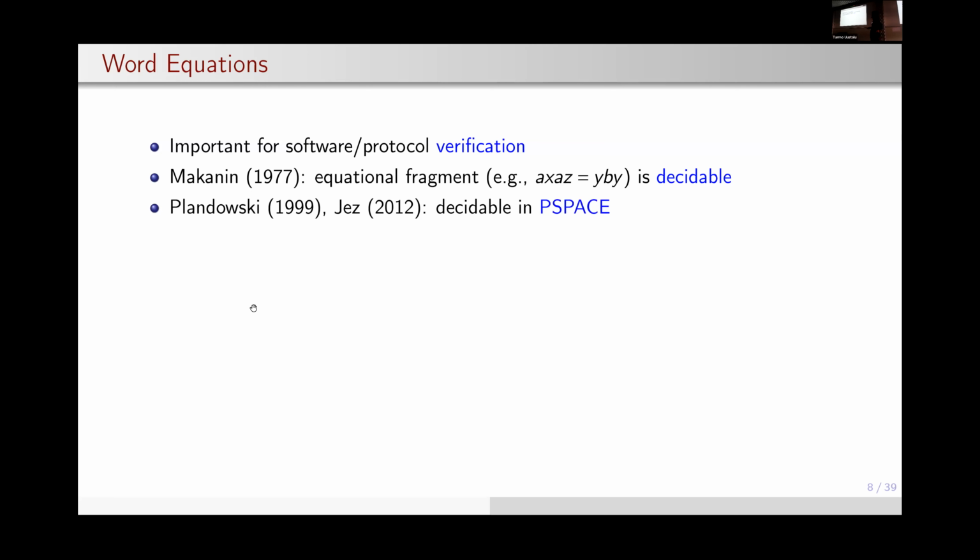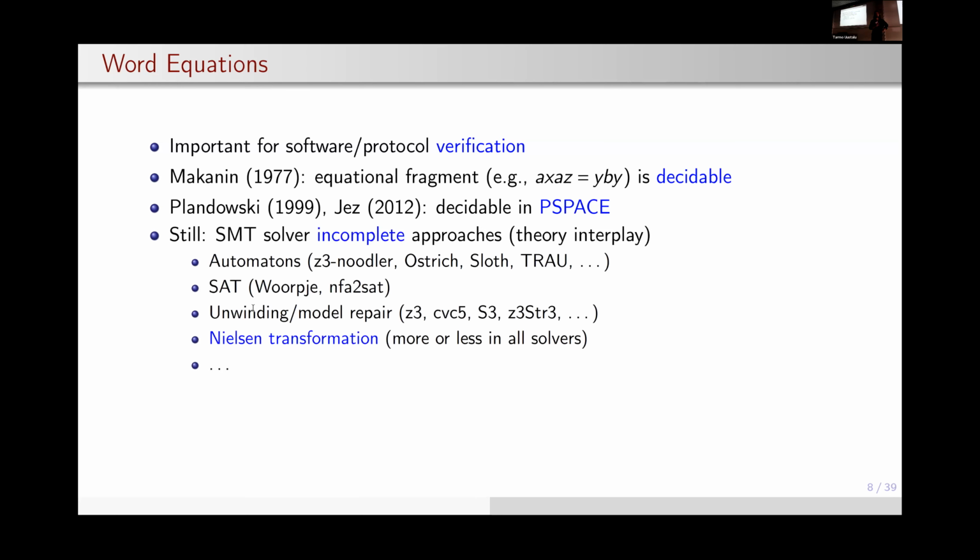Even more, Artur Jeż later proposed, I think in 2012, that it's actually in PSPACE by using the so-called recompression algorithm, which is great. It is kind of efficient, but unfortunately it destroys a lot of internal information about the string, which is why usual SMT solvers, which are used to reason in the combination of theories, use incomplete approaches.